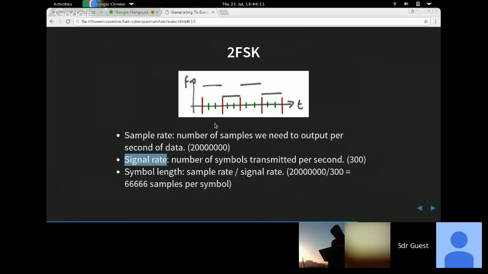And in order to generate this data, we need to know how many samples are transmitted for every symbol. So here, as a much lower speed example, say the entire transmission of 4 symbols is 1 second long, and we've got 12 samples, the green ticks, over that period.